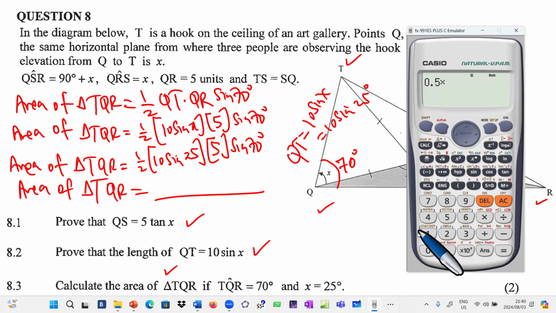0.5 times 10 times the sine of 25, times 5 times the sine of 70.